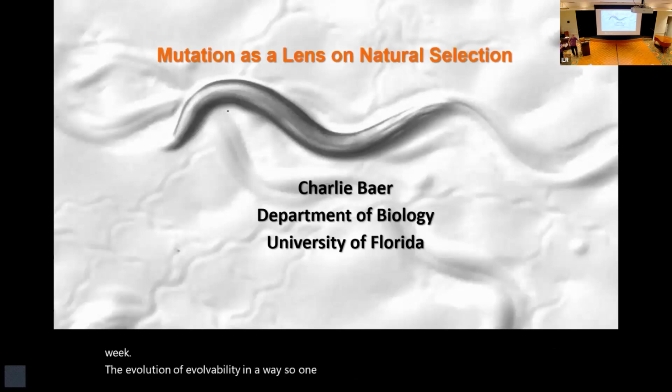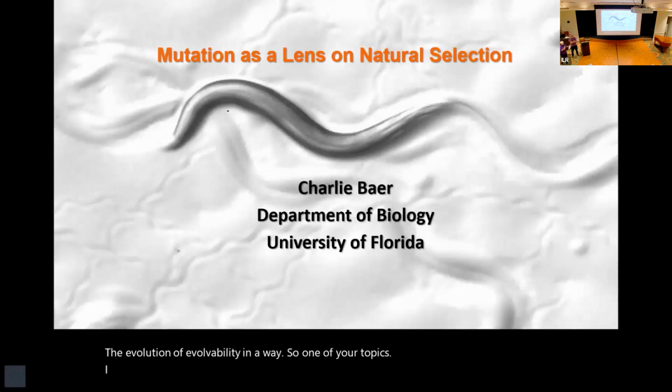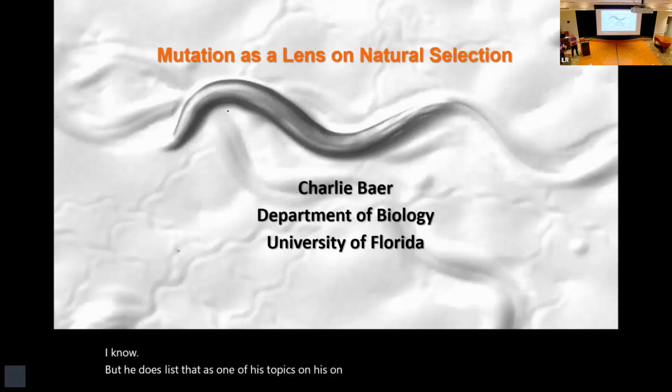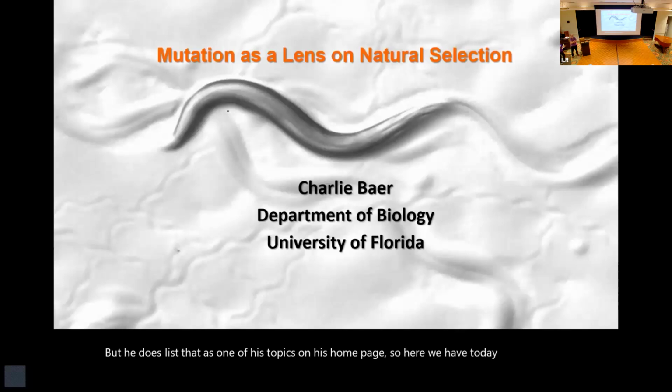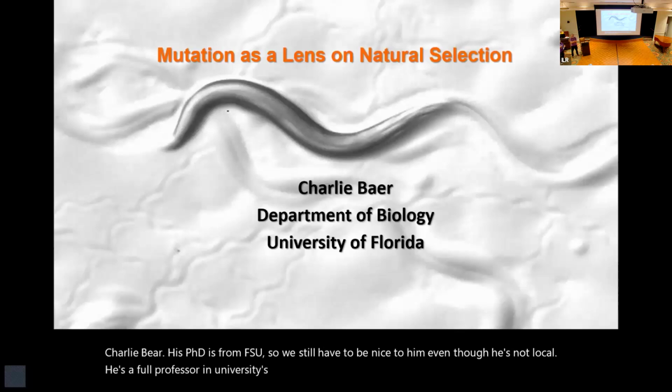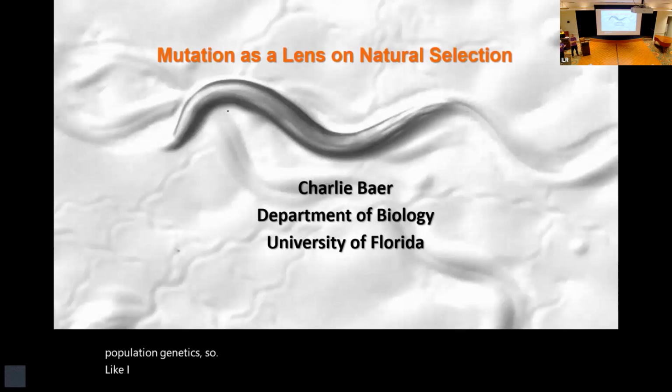So one of your topics. I know. But he does list that as one of his topics on his homepage. So here we have today Dr. Charlie Baer. His PhD is from FSU, so we still have to be nice to him, even though he's not local. He's a full professor in the university's Department of Biology, and his research is motivated by population genetics. So, like I said, he looks at things like understanding genetic variation.